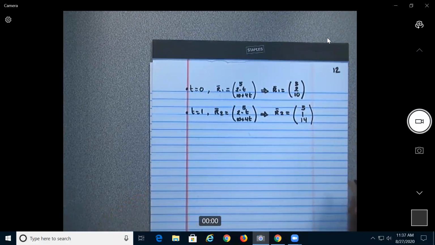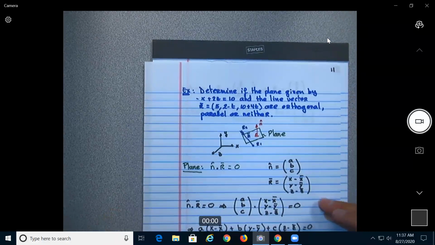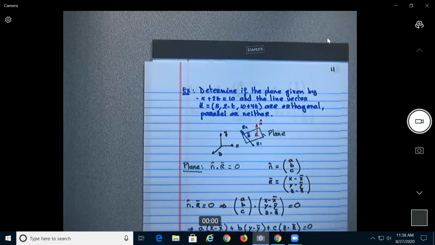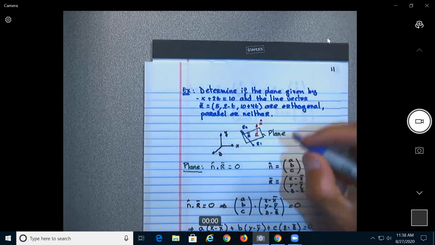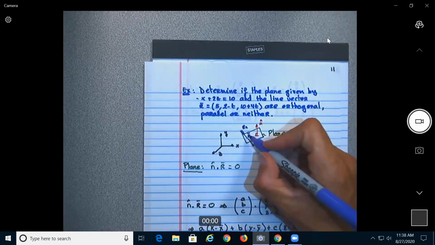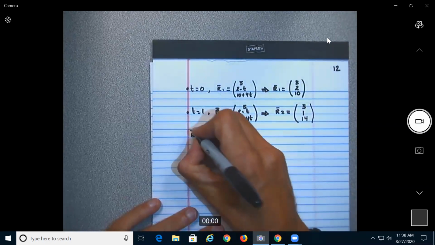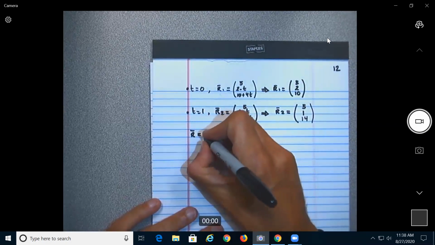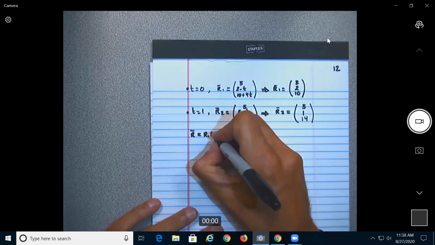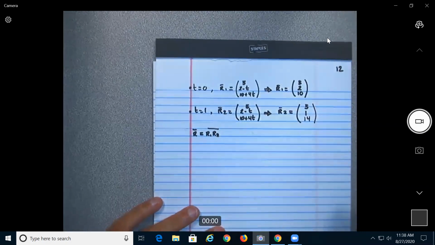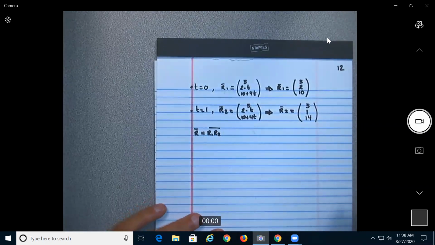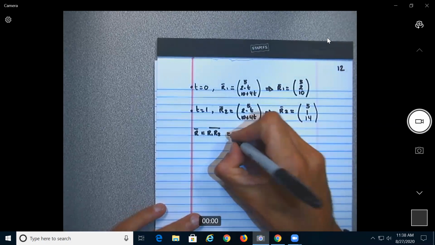So now I will look at the figure over here. We call it R bar. R bar is basically the distance between the vectors of the two points R1 and R2. So what would that give us?